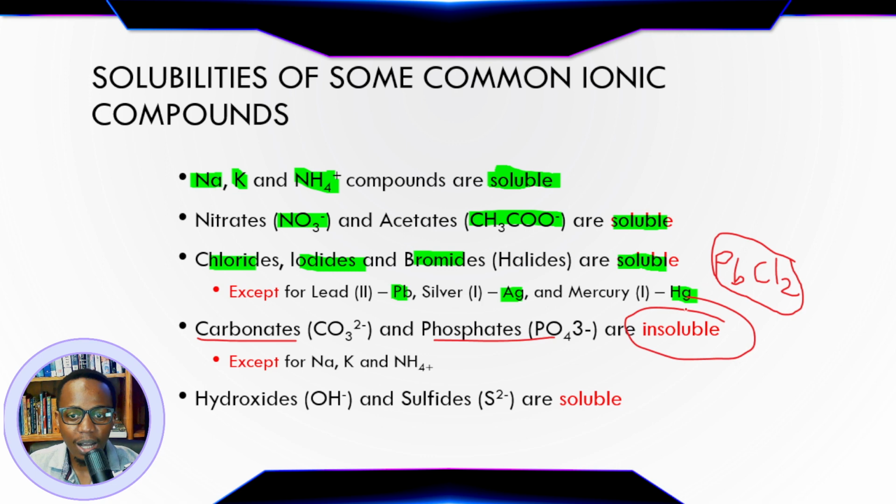Chalk is calcium carbonate, and it's not soluble in water, is it? And of course, the exception is sodium, potassium, ammonium, because these three are soluble, right? Hydroxides and sulfides are also soluble. Now, of course, there are other rules as well, but these are more general.